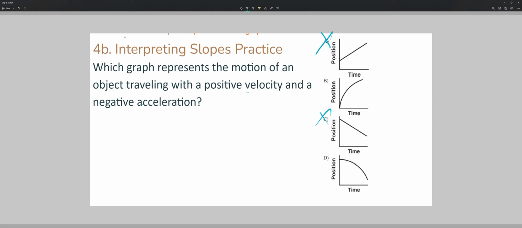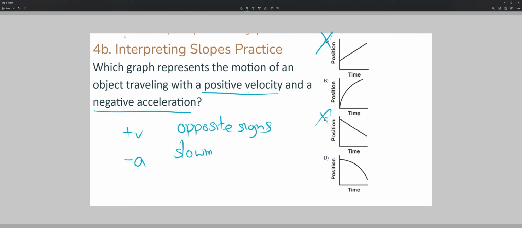Now we have to first figure out whether this object is coming to rest or starting from rest. We have a positive velocity and a negative acceleration, which means we have opposite signs, which means we are slowing down. And which one of these graphs resembles you slowing down?